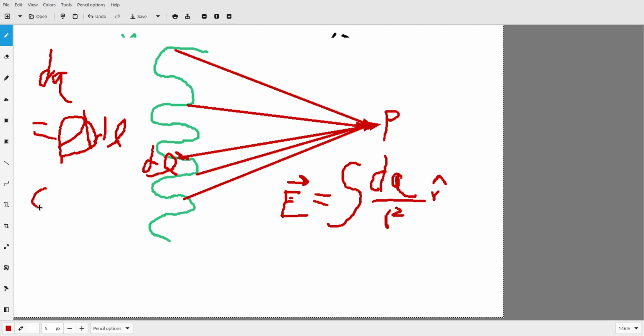Its units are coulombs per meter, electric charge per unit length, the linear charge density.